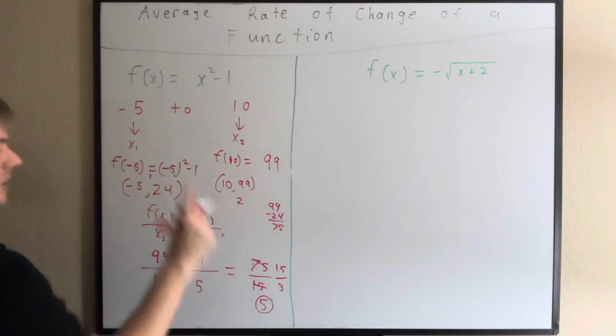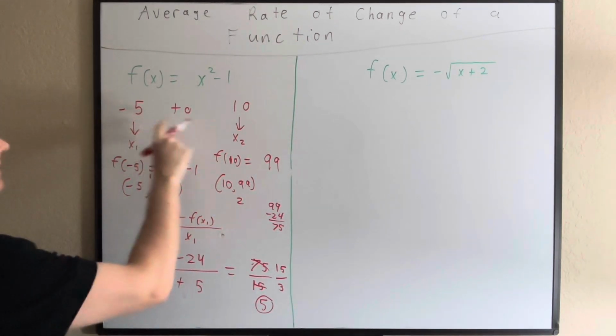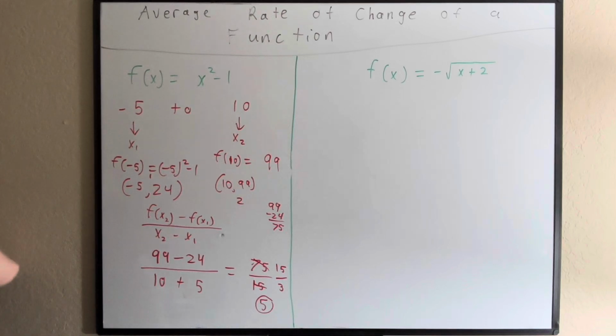So our average rate of change is 5, from -5 to 10. It's not so bad, right?